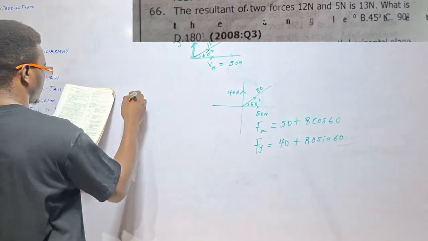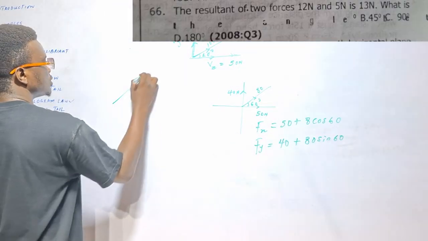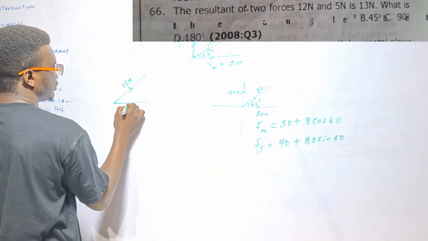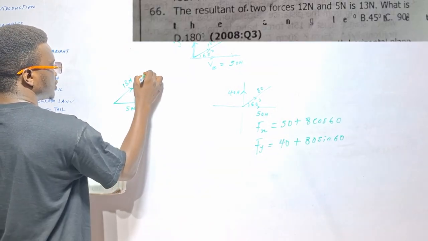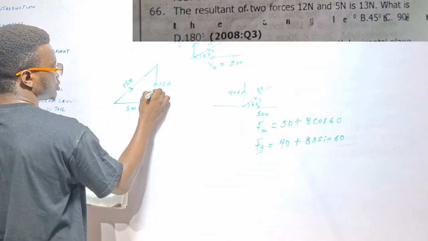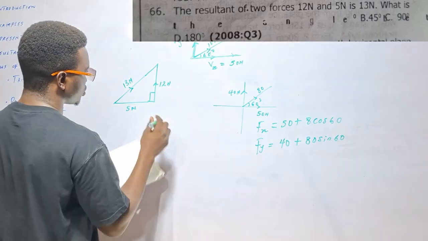So you can say the resultant is 13 Newton, one side of the force is 5 Newton, and one side is 12 Newton. So you want to look for the angle between them.